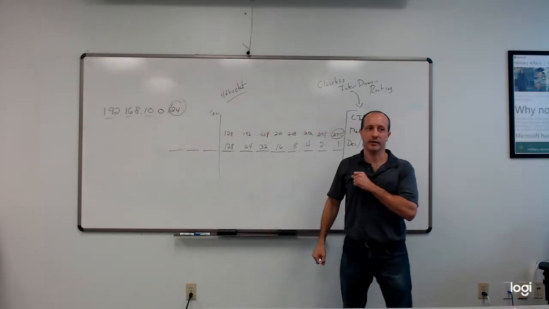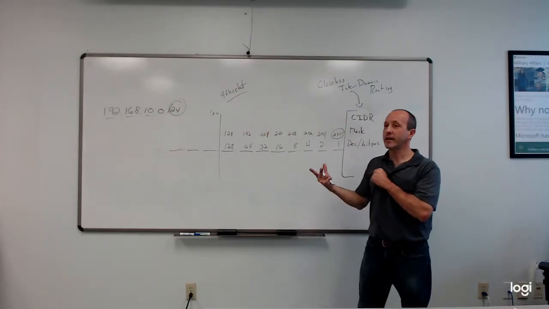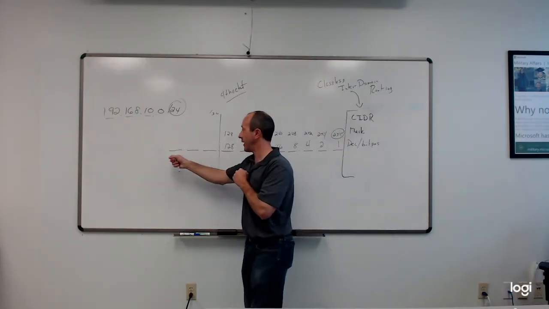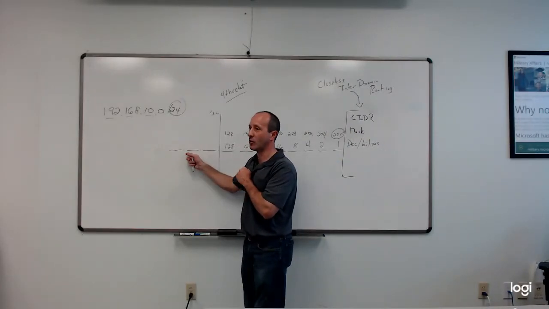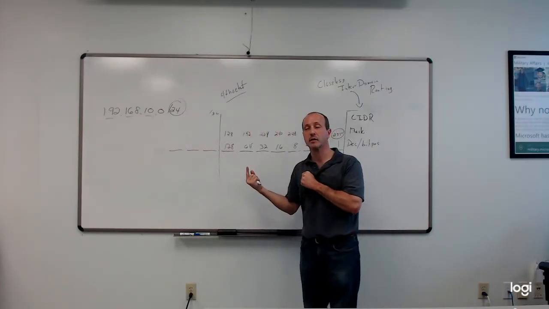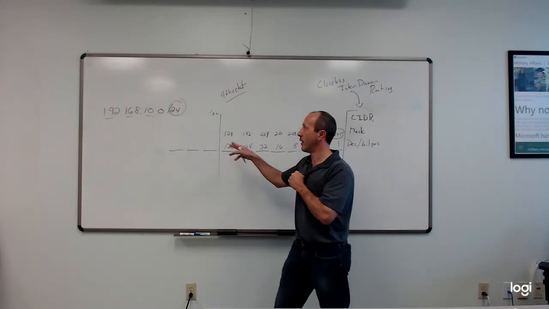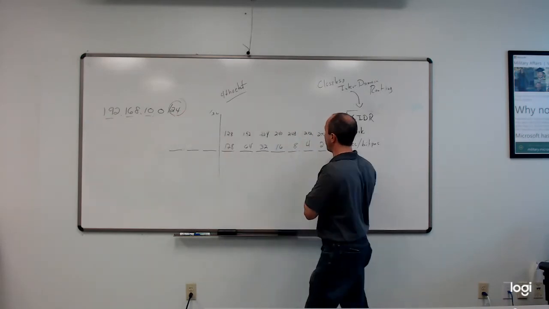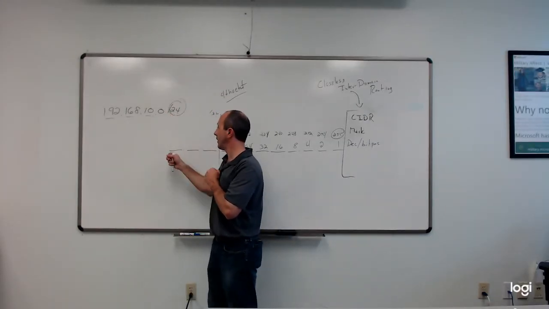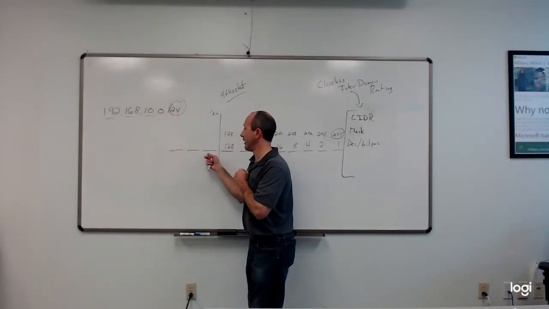When we did a class B, we did the same thing, except we did it in octet 1 and octet 2, and we got 255, 255 as a default mask. And then we did the same thing for class C, because this is my default CIDR. We just did this here, here, and here.